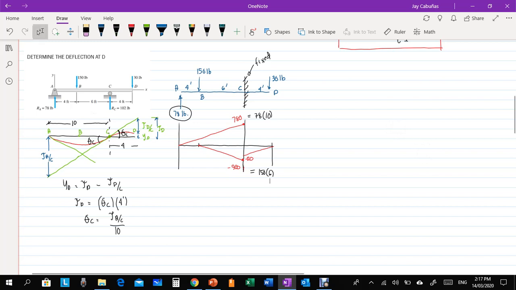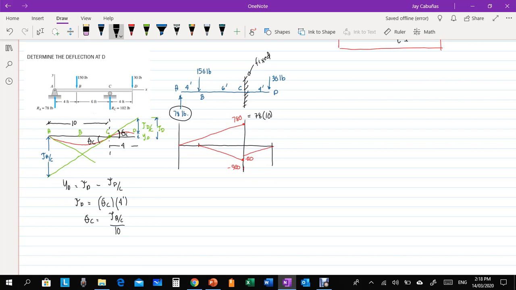It's 30 pound, this one. So it is directed downward. That is 30 times 4, or that is 120. Okay, so now we have the moment diagram by parts.